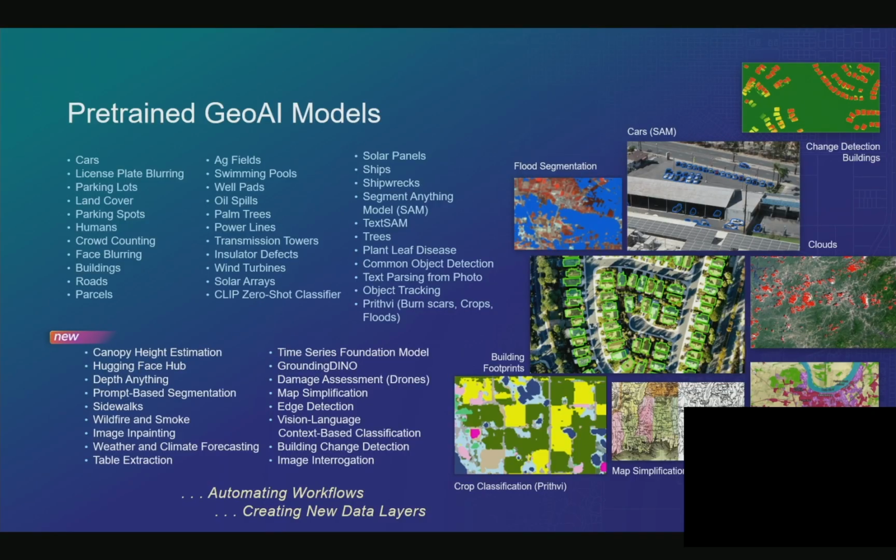So car detection, crowd counting, building extraction, road extraction, and some of the new models here, for example, Grounding DINO. I don't know what it does, right? Vision language context-based classification. And some of these are really models which can do a lot more than what you may even be thinking. Some of these models act as a starting point for all of you within the larger GeoAI workflow, but for others, it can also serve as a complete AI solution.